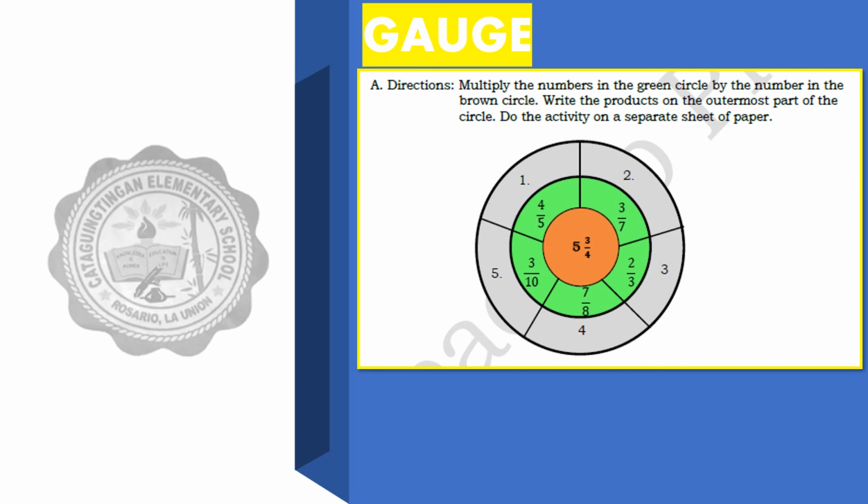Sa number 2 naman, 3/7 times 5 and 3/4. Sa number 3, 2/3 times 5 and 3/4. Then number 4, 7/8 times 5 and 3/4. And number 5, 3/10 times 5 and 3/4.